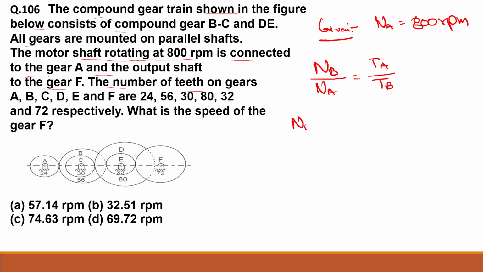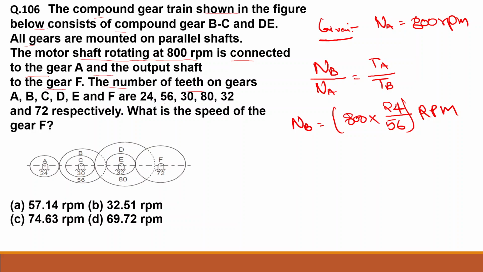By finding NB, NB is equal to 800 into 24 upon 56 rpm.